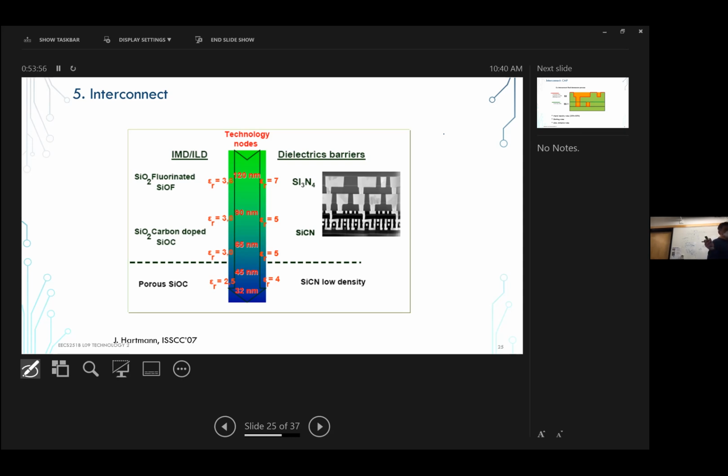That was beautiful: you get a native oxide to build a transistor, a native oxide to build isolation, and you use the exact same stuff to isolate metal lines from each other. But the epsilon r of silicon dioxide is not what we wanted to start with.